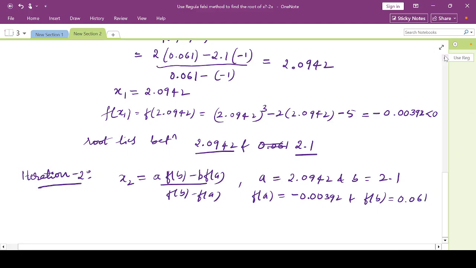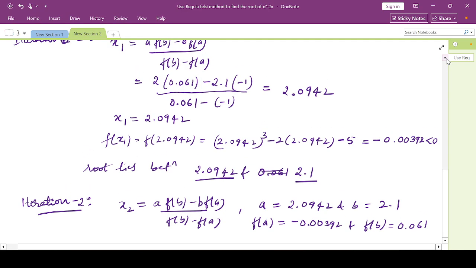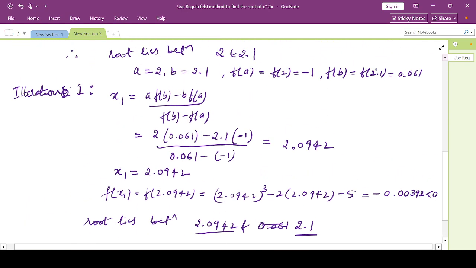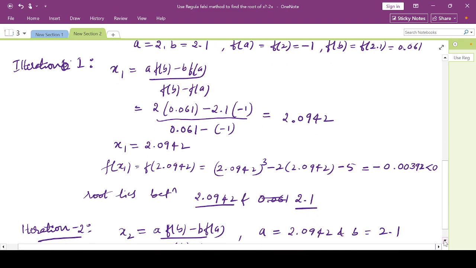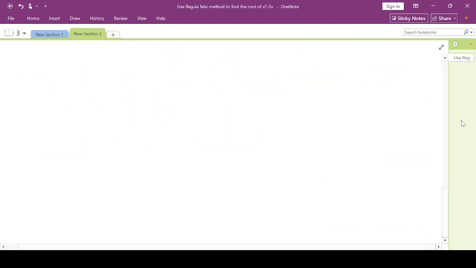You can just watch by going back side. Here it is, f of 2.1 is 0.061. Now let's move to find out the second iteration.